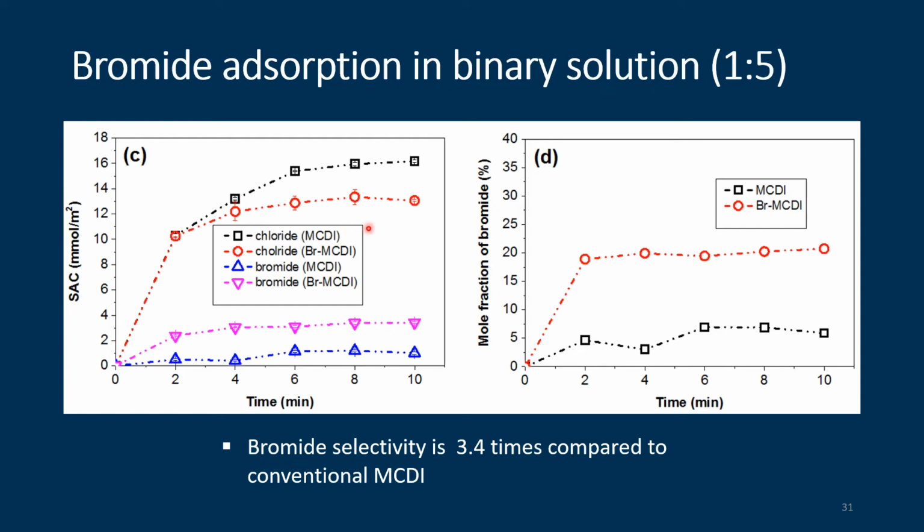So this is the MCDI and the bromide resin MCDI, and this is the typical MCDI and the bromide resin combined MCDI. So you can see the red circle and the purple triangle.